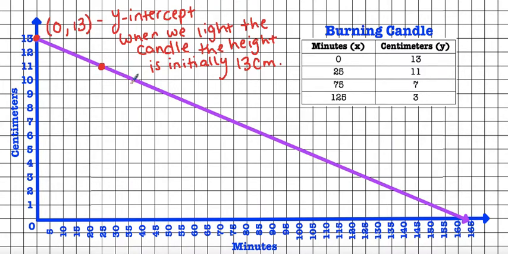And then as we keep going, here's another one, and here's another one. And you'll notice that if we have a linear function such as this one, that our points will be evenly spaced out, and if you see that they're not, you might be missing one, which is okay, as long as you have your line.